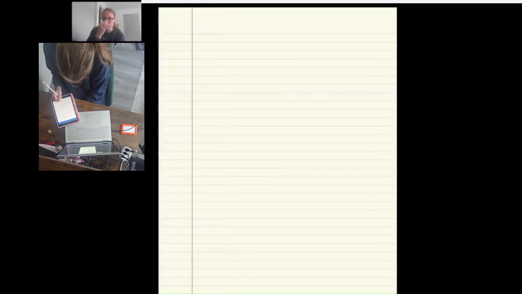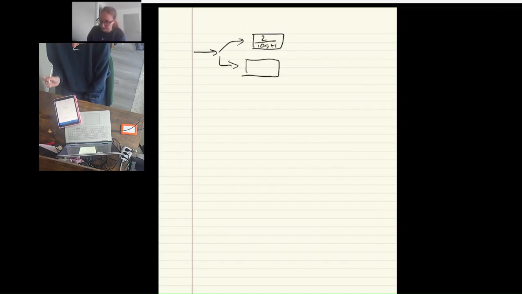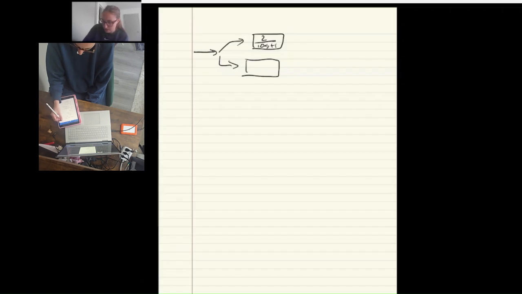So let's say we have our set point coming in, and we have our process up here, process down here, right? So this is going to be your 2 over 10s plus 1, and this is going to be 1 over 2s plus 1.